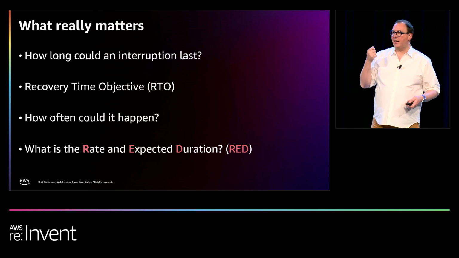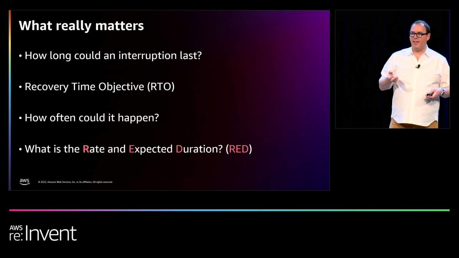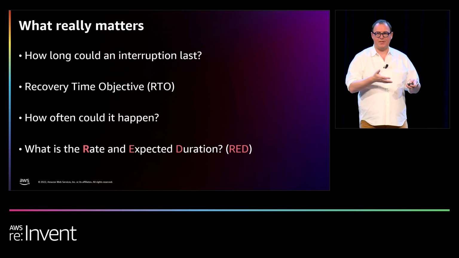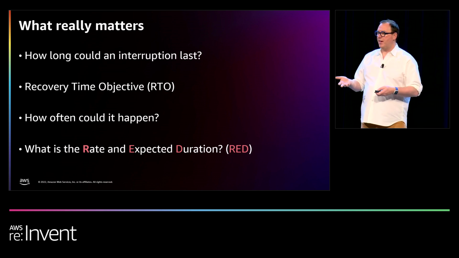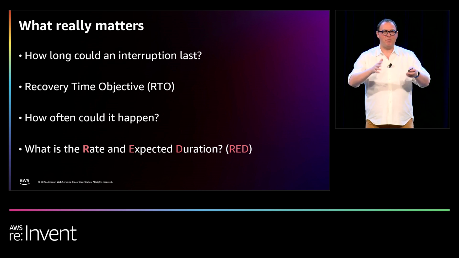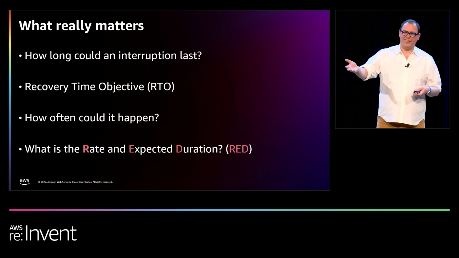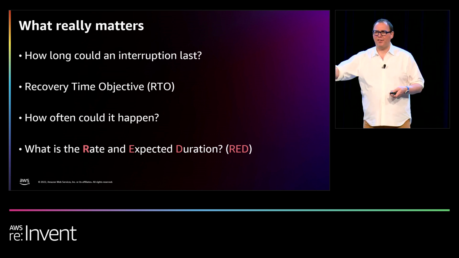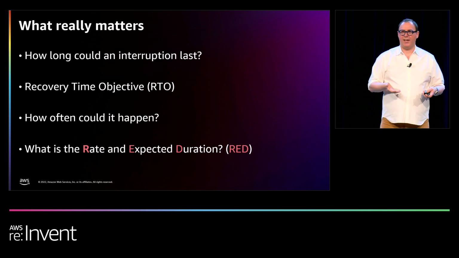And something I've done as a practice and seen work really, really well is to approach every systems design with this frame of mind and this frame of conversation. And so by talking to a team, don't ask them, well, how many nines are you? Ask them, well, what do you think the longest event you could have would be? And how often do you think that could happen? Because that's just much more useful, actionable data.